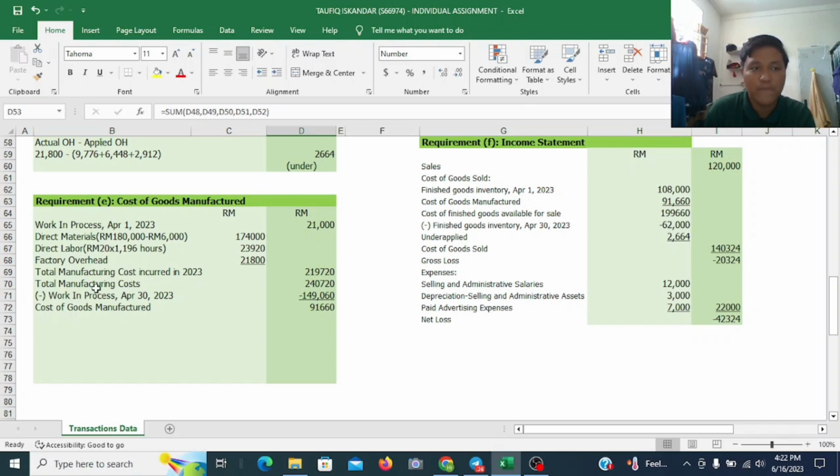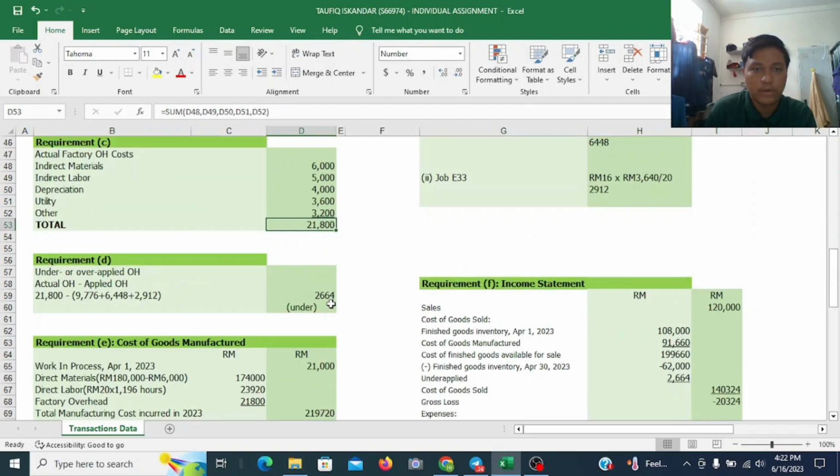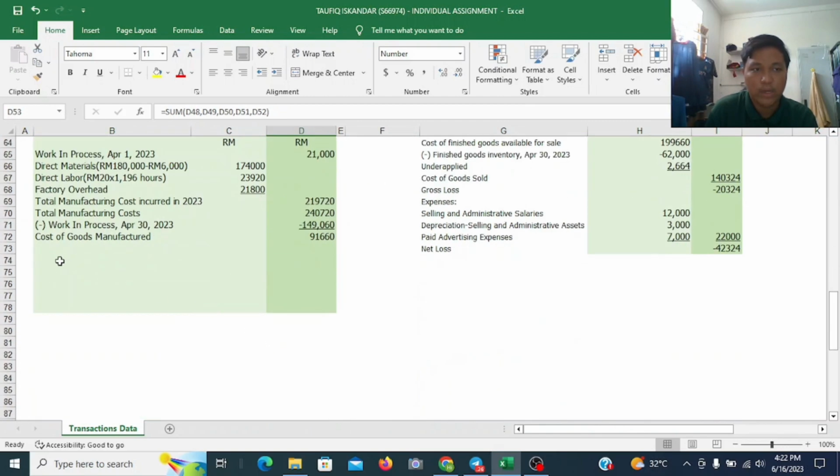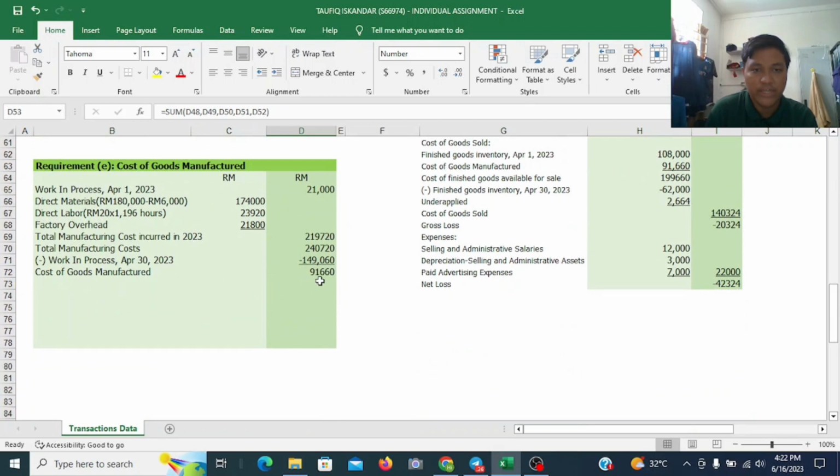To find the total manufacturing cost, beginning work in process plus the total manufacturing cost incurred in 2023, and we get 240,720. Then we minus the ending work in process, 149,060. So this is the value of ending work in process, and we get the cost of goods manufactured is 91,660.